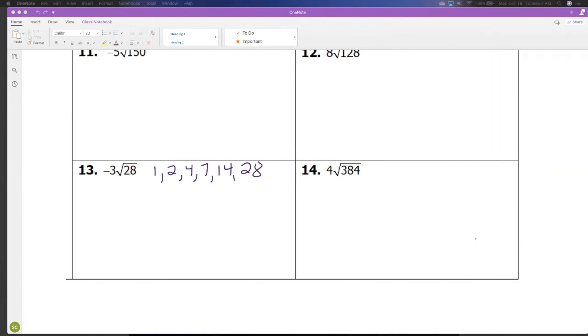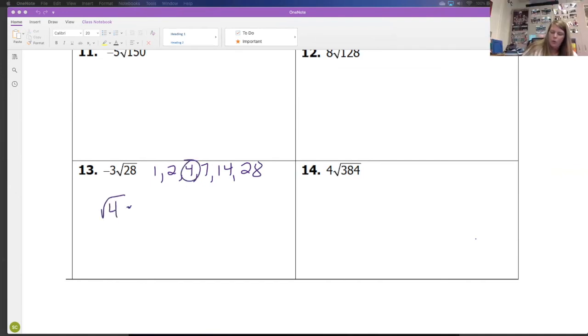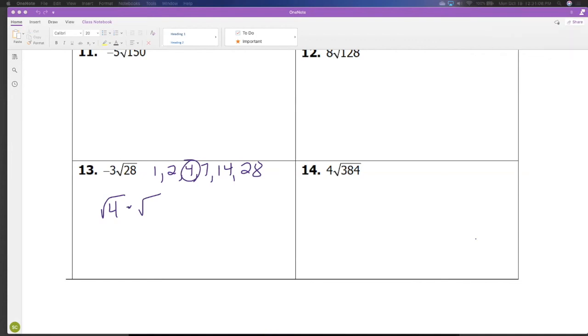4? I agree. So we have 4. That's going to be our first square root. What times 4 gives us 28? 7. Right, and so that's our other radical. So we can take the square root of 4.